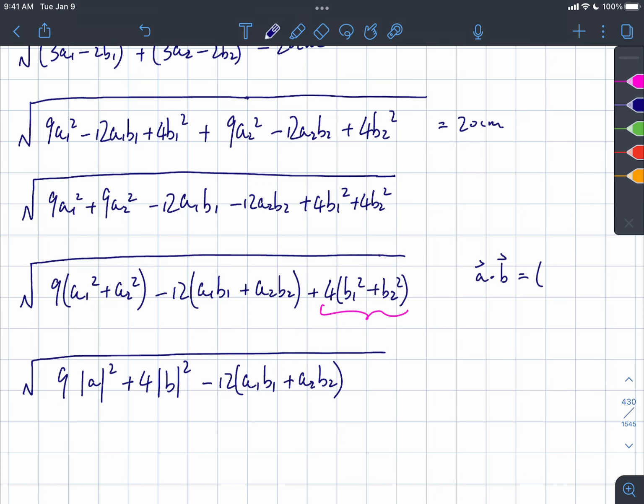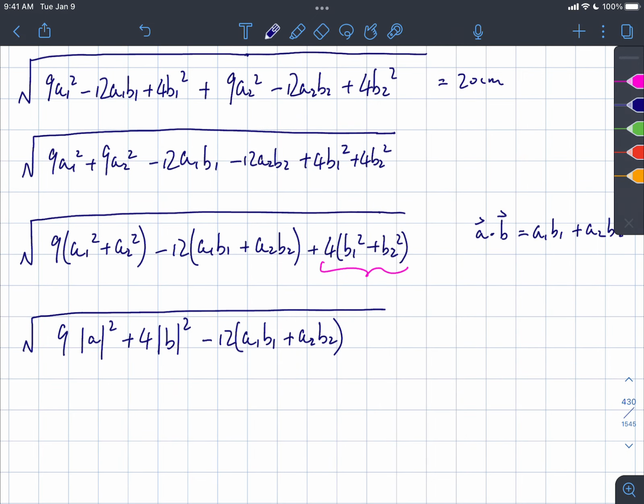One of the ways is you do a1 b1 plus a2 b2. So then if you look at it, this is minus 12, technically a dot b. And we know that a dot b is a scalar, so it gives you a quantity. That's something that's good to know, okay?